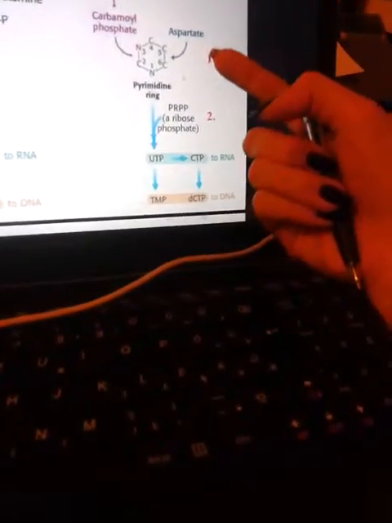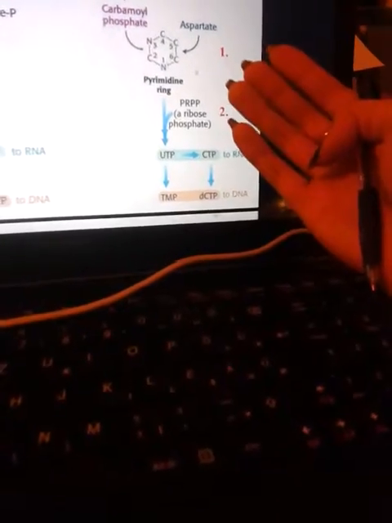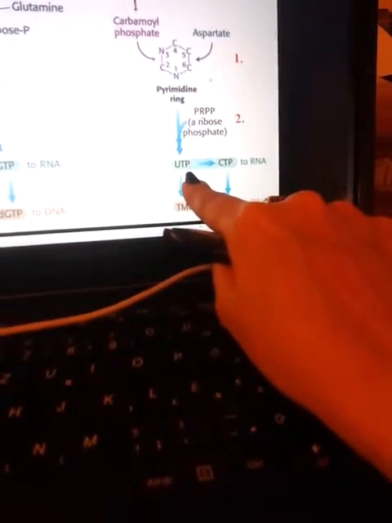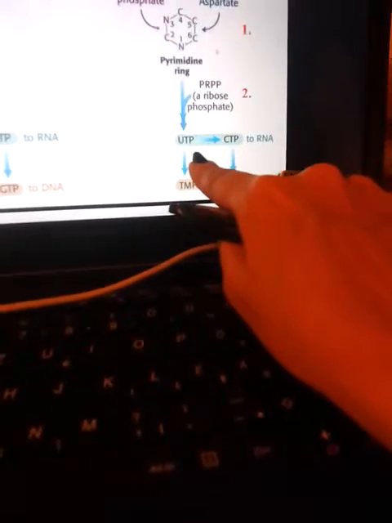And do you know where do we have carbamoyl phosphate? On the urea cycle. It means from the urea cycle, bicarbonate plus ammonium, and from the amino acid, and that's a feedback of the feeding pathway of the citric acid cycle, aspartate comes and pyrimidine ring is produced. PRPP, phosphoribosyl pyrophosphate, is added to this group, and now we have a uracil triphosphate.